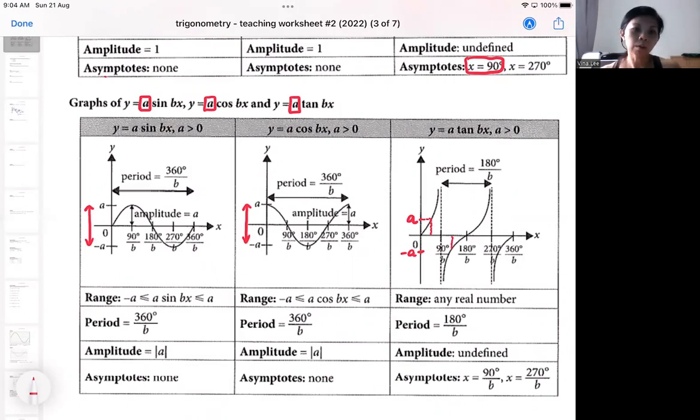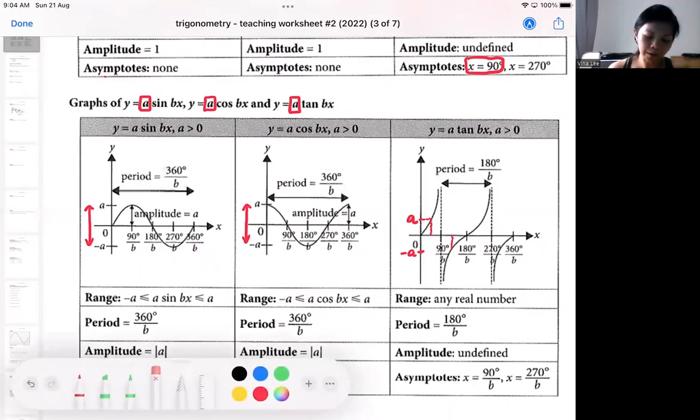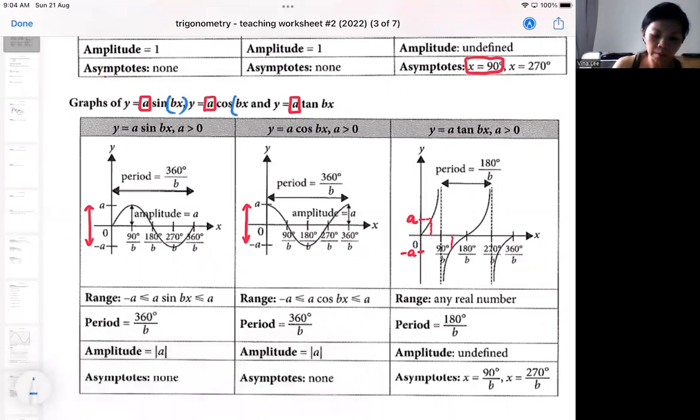So again, no matter what, the period, so this is like a formula for the period. So the effect of B will change the period. So if you're going to be drawing like sine 2x, sine 3x, cosine 3x, this will change the period.